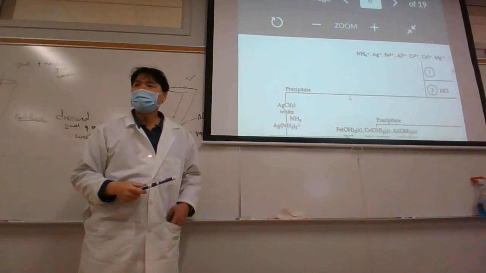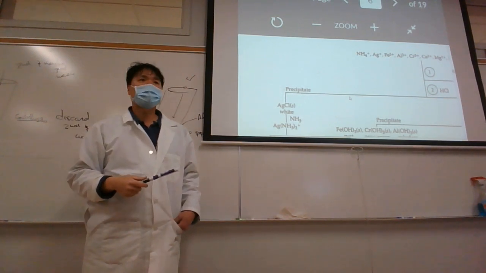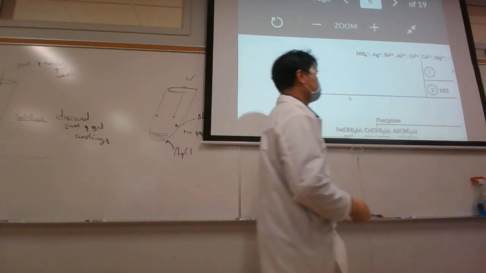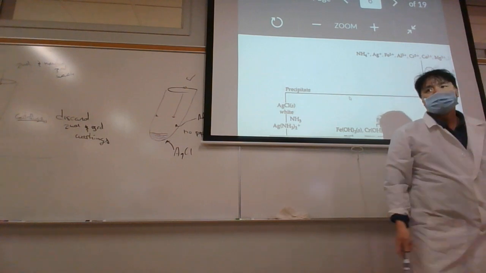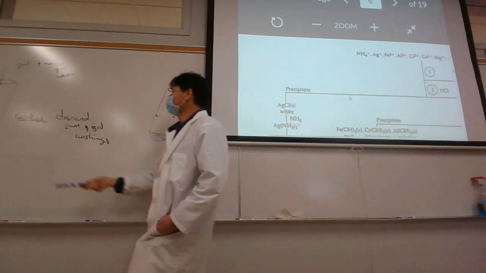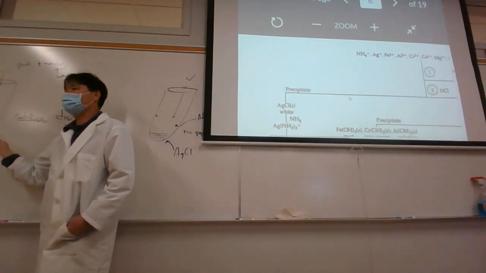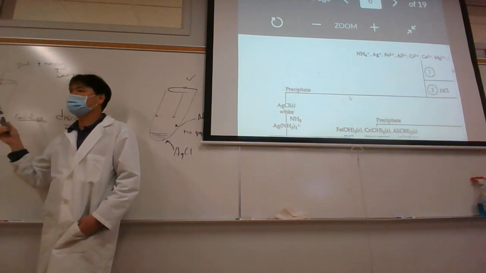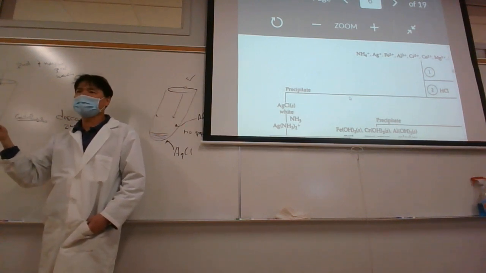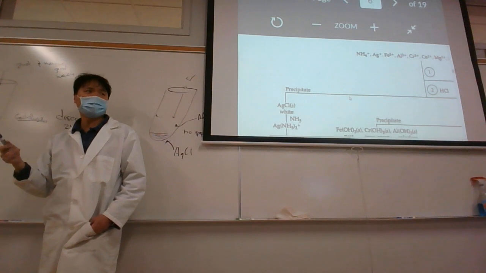Should you keep adding? No. If you keep adding, you're going to ruin it for the rest of the procedure. What you'll see is with the first drop, it turns very cloudy. If for your unknown, with the first drop, nothing happened, then that's automatically a warning sign that you probably should stop adding.